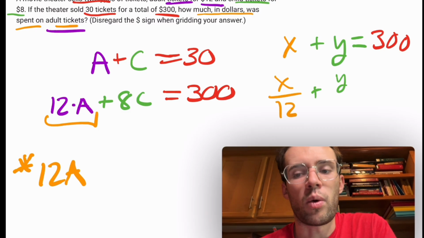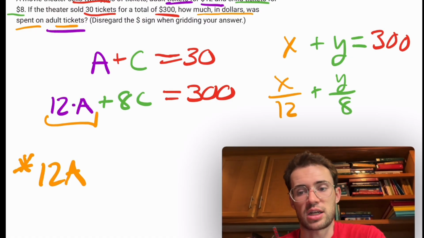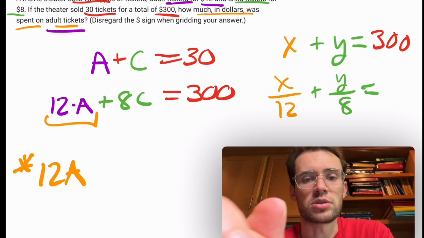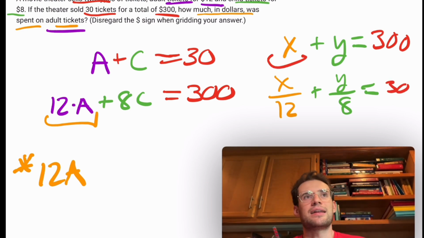And right, Y is the money made from child tickets. You divide that by the price per child ticket to get the number of child tickets. So Y divided by 8, and the two would add up to 30. So you could set it up this way, and then you're just solving for X. I think that it doesn't necessarily overcomplicate it, but then you're adding equations with fractional coefficients, which some people are prone to make errors on. So you're adding in an extra complication just to make sure you don't forget to multiply by 12.